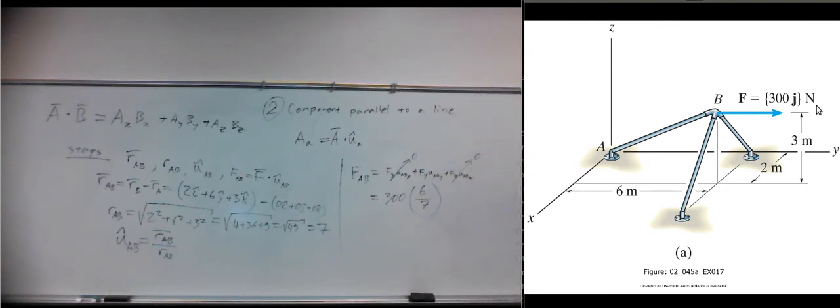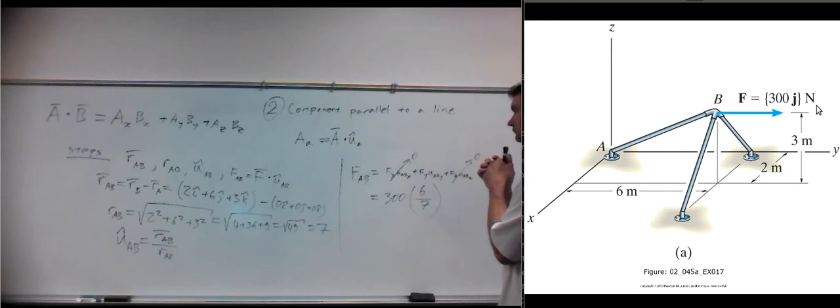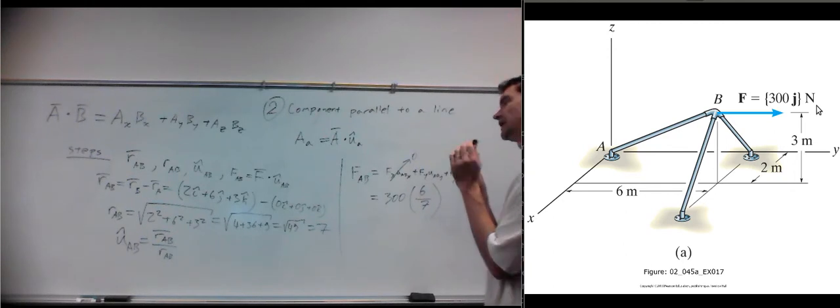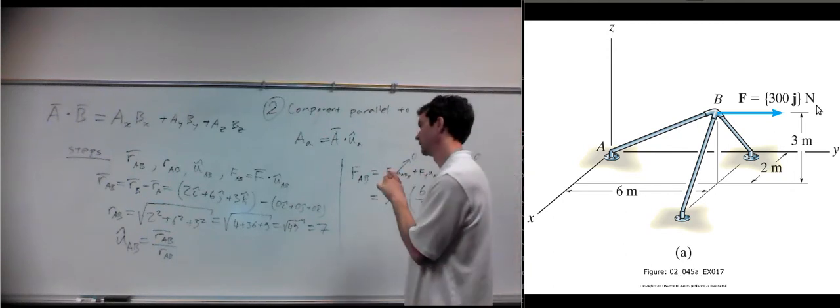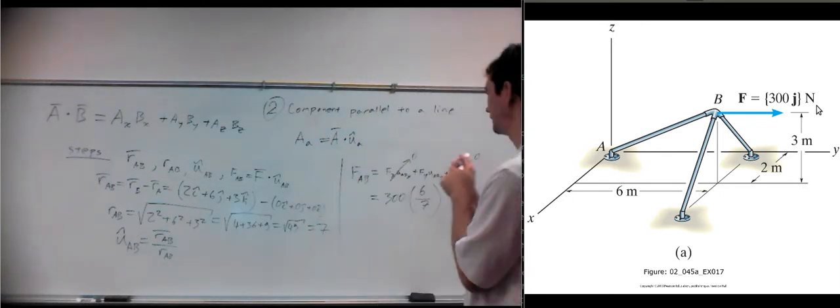And there's the answer. So FAB is 300 times 6 over 7. So 6/7 of the force F is directed along the line AB.